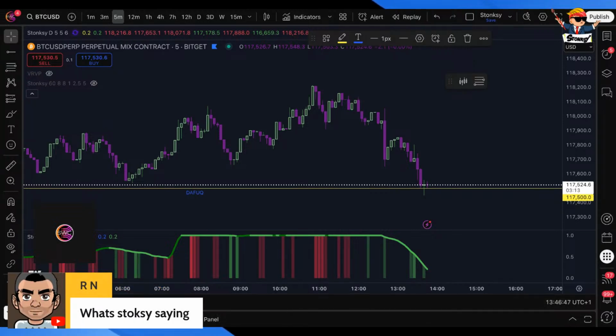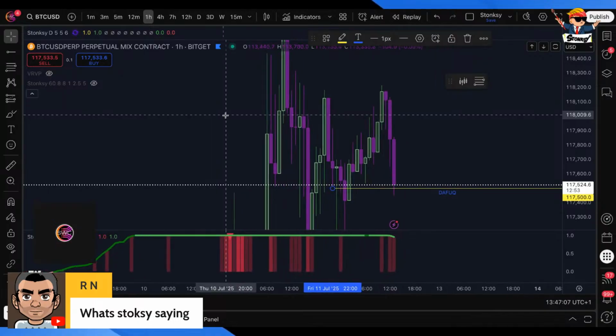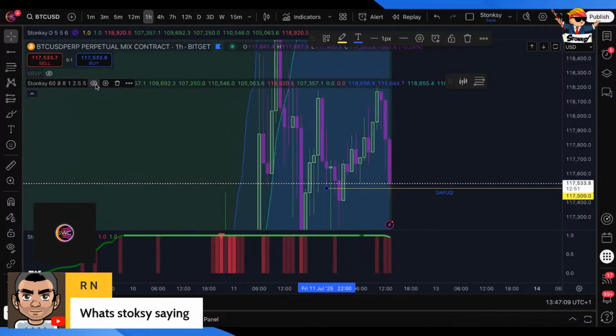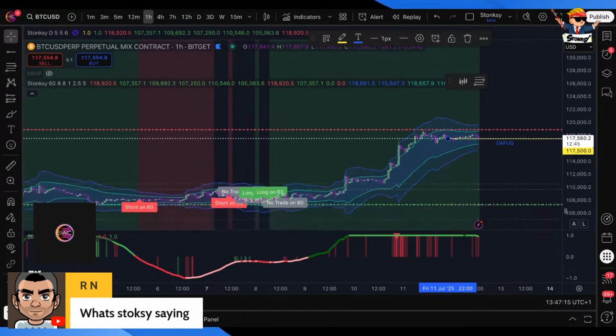Okay. So RN is saying, what's Stonksy saying? Let's have a look. So, do you mean for Bitcoin? Well, this is kind of what we've been talking about, isn't it? What I'm saying generally is, on the 1 hour time frame, we've been in this green area since like Tuesday.